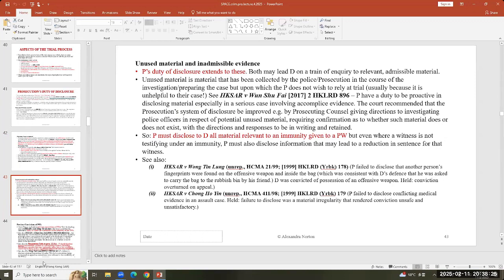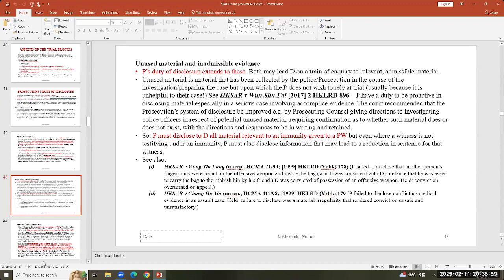And if they have a prosecution witness who they've agreed to give an immunity from prosecution to, or if this witness is testifying, has already been convicted and sentenced, and his testimony may lead to a reduction in his sentence, they should also disclose that, because obviously that's very relevant for the defense, because they may want to cross-examine this witness on the question of credibility. They have a motive to fabricate their testimony. So that has to be disclosed.